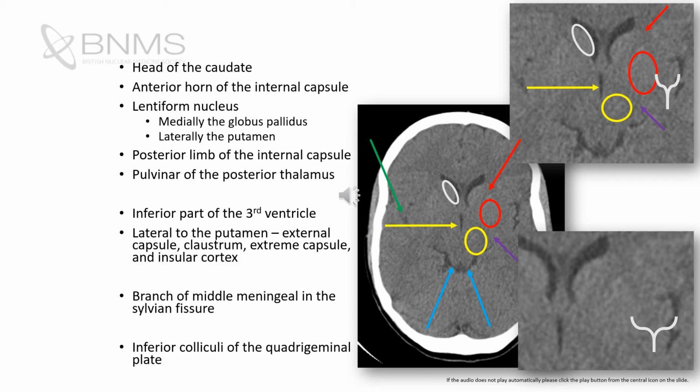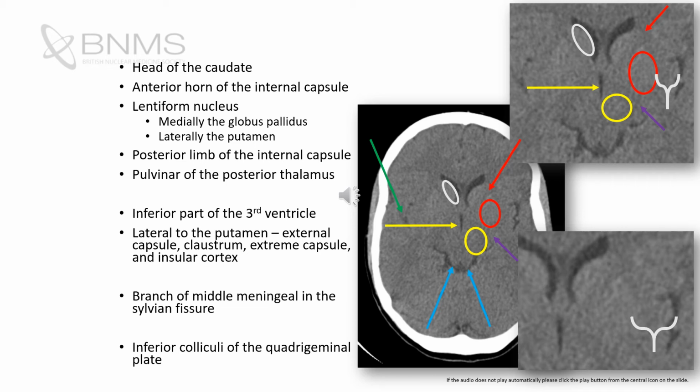The two white brackets indicate layers of alternating white and grey matter extending between the lentiform nucleus and the sylvian fissure.